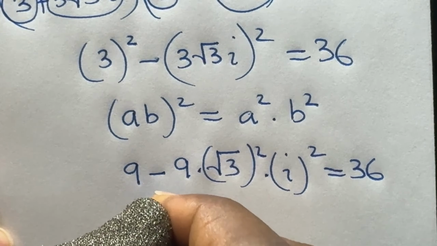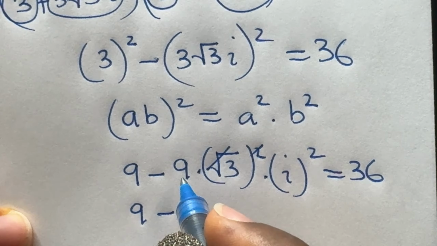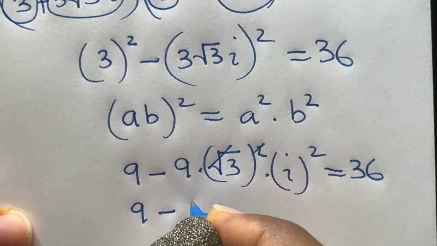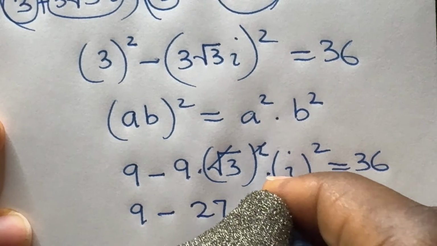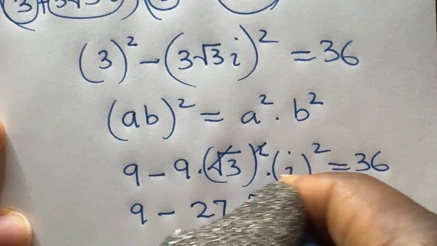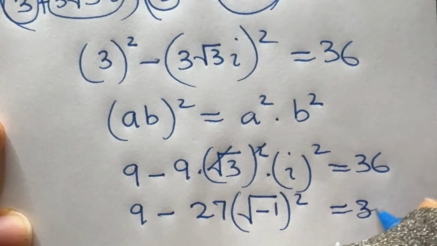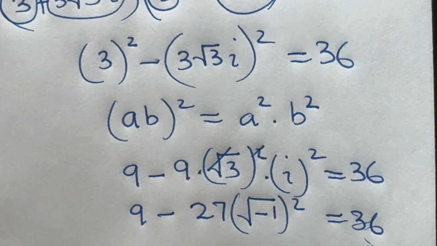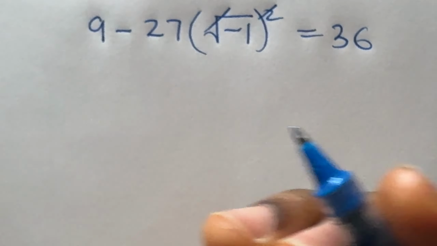This is 9 minus, this cancels this. We will then have 9 times 3, which is 27. And remember, i is square root of -1. So squared is equal to 36. From here, this cancels this.